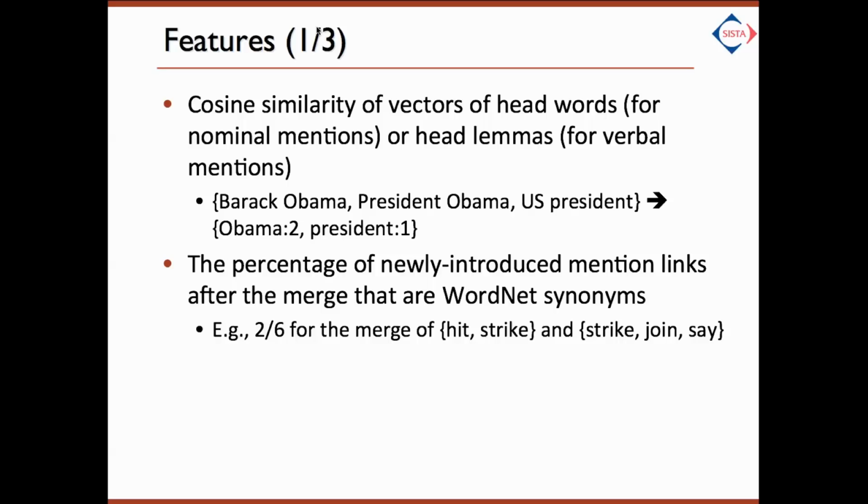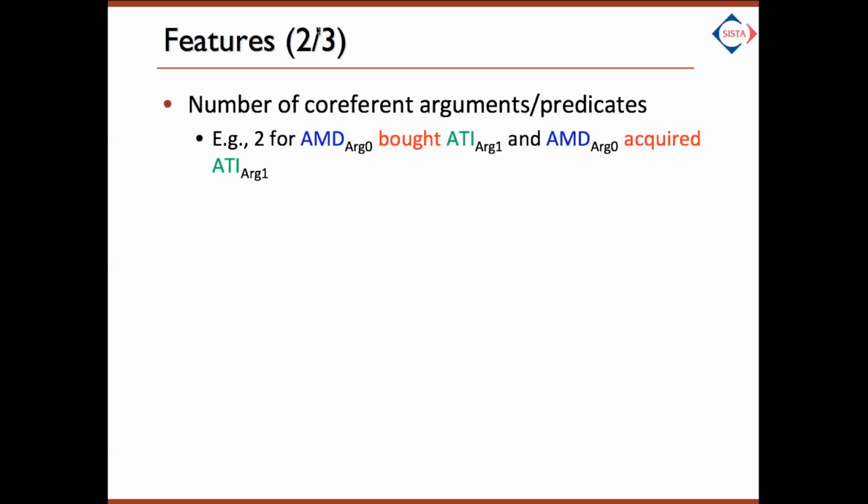Then we look at features extracted using semantic role labeling. I don't know how many of you are familiar with semantic role labeling, but basically, I see that as a step on top of syntax. Instead of looking at syntactic relations, we look at semantic frames, which are essentially who did what to whom, when, and where.